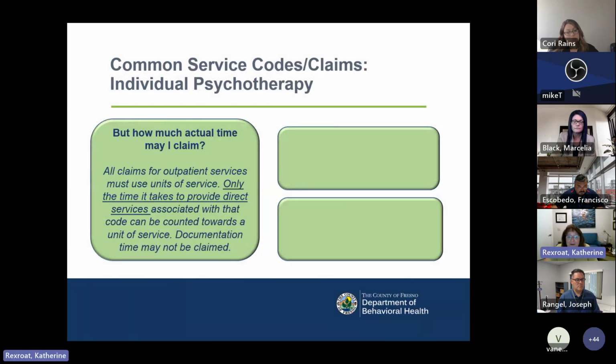So again, a reminder, all claims for outpatient services must use units of service, and only the time it takes to provide direct services associated with the procedure code can be counted towards the unit of service. Documentation time may not be claimed.